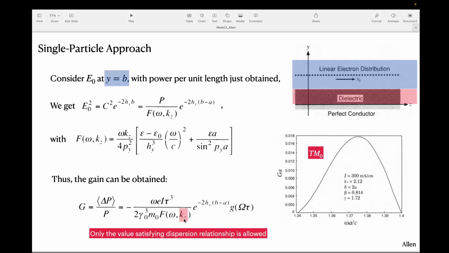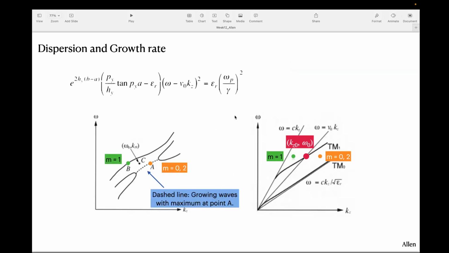The kz here must be the value that corresponds to the dispersion relationship, which is what we just mentioned here, where we found that delta k has 3 possible solutions because of the periodicity of the complex exponential, where we have m equal to 0 and 2 at the A point, and n equals 1 at the B point, and A is the largest gain.